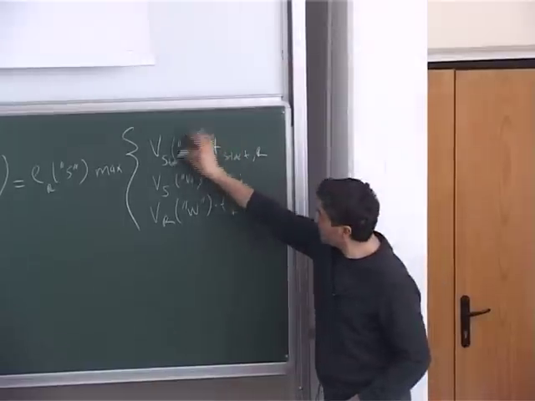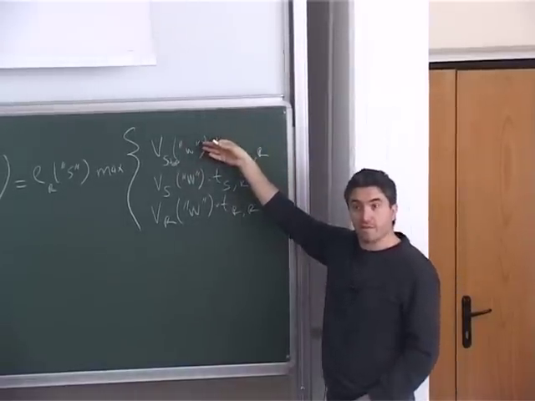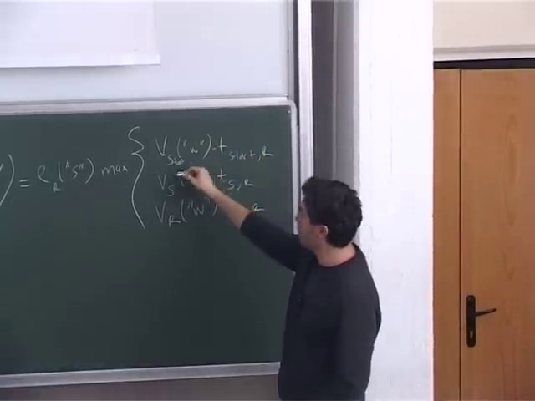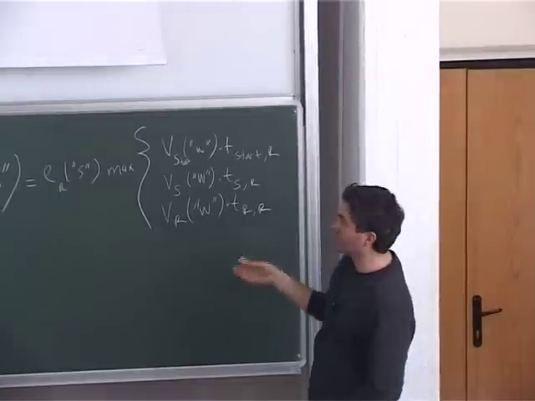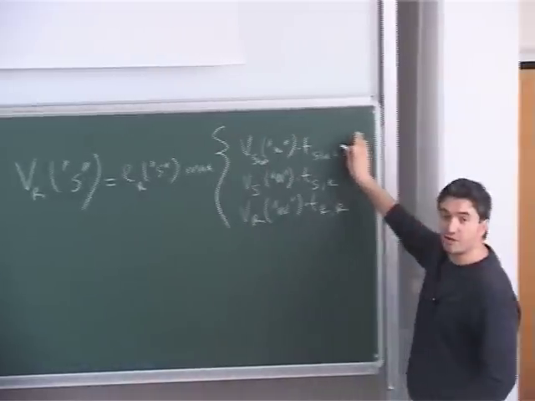This V start W is going to be 0, because we cannot be at the start state and have outputted symbol W. So actually, in all the recurrence relations that we are going to fill in for the rest of the table, this part is going to be 0.